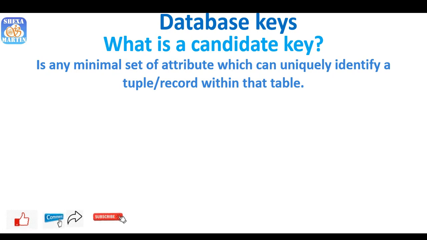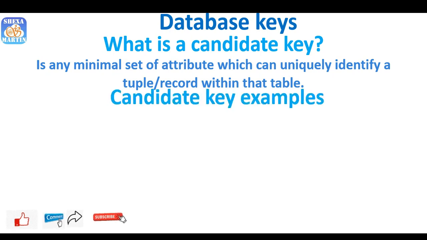It must contain unique values, no repeated values for this column that we are calling a candidate key. A candidate key may have multiple attributes, must not contain null values. It should contain minimum fields to ensure uniqueness. It must uniquely identify each record in a table. So that's a primary key for us theoretically.